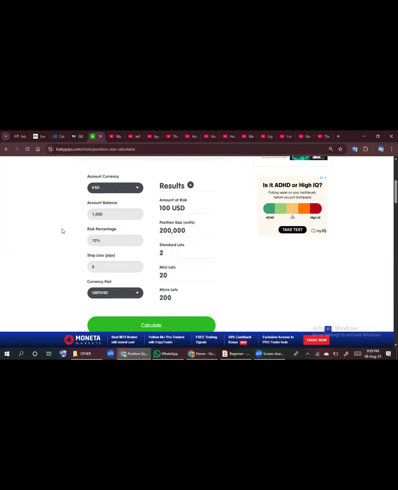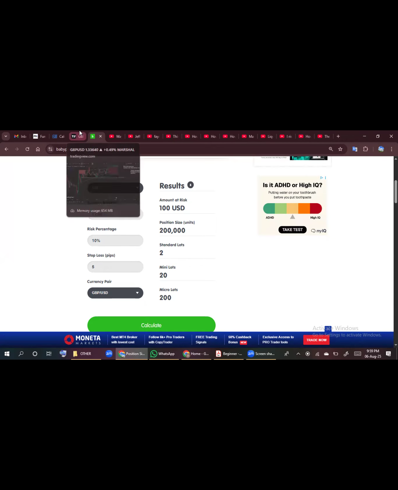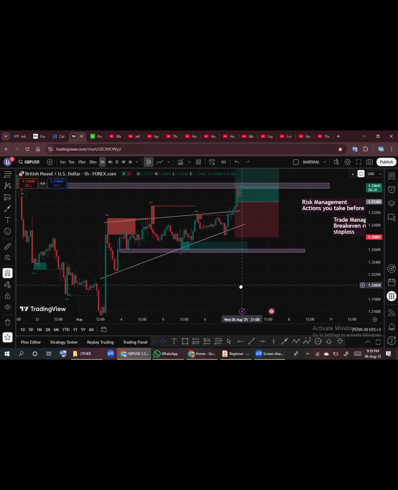So just go on Google and check position size calculator. It will give you many websites you can use for free to calculate your risk percentage and the stop loss that you should use. So this is the position size calculator, right?